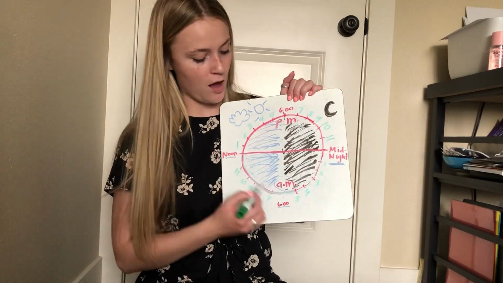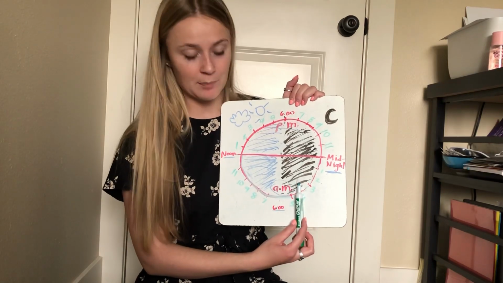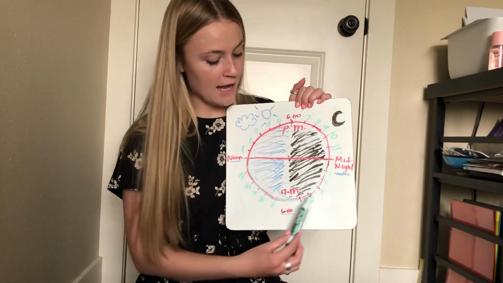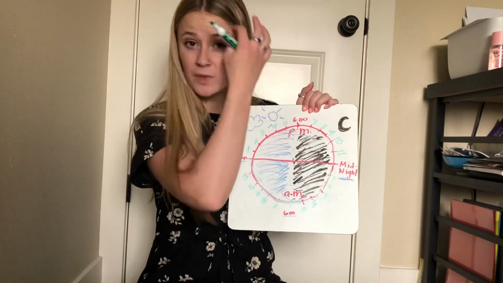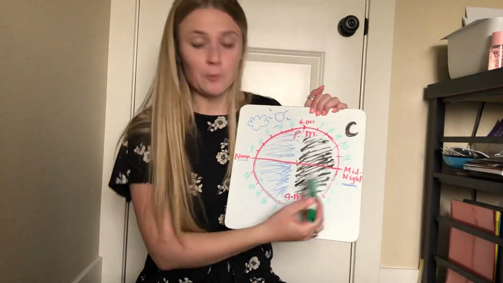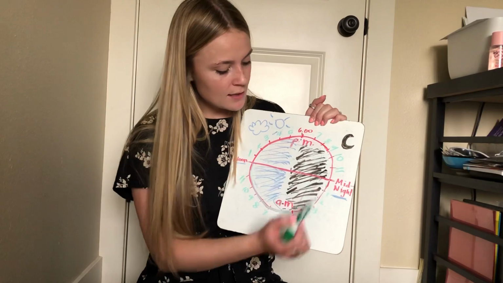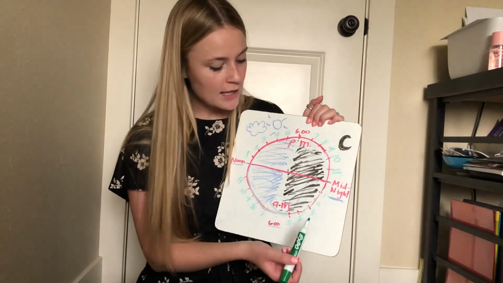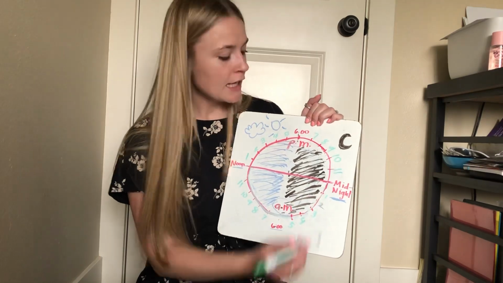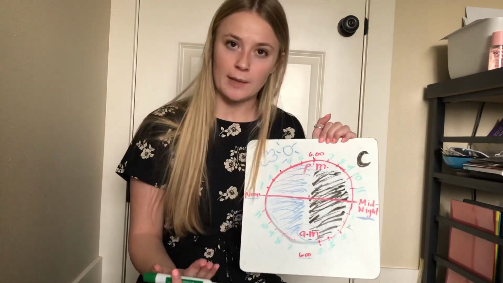Midnight to noon, that's all AM. Now, half of the AM is in black, half of the AM is in blue, because from midnight to about 6 a.m., it's dark outside. It's nighttime. But just because it's 2 o'clock after midnight and it's dark, it's not PM just because it's dark. I guess that's the point I'm trying to make.